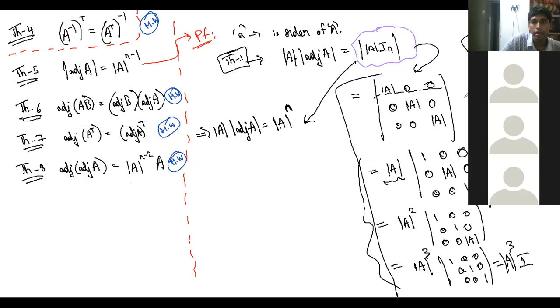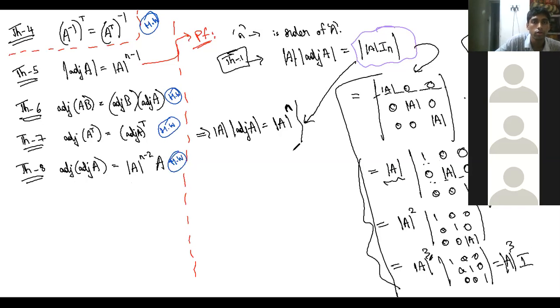See, whatever I did here, same logic. Here I took determinant of A common from the first row. Did you understand, Vaishnavi? Yes, sir. Then I took it out from second row and it became square. Then I took it out from third row, it became cube. Yes, sir. Now if it is of nth order, then I'll do the same process in n rows. Yes.